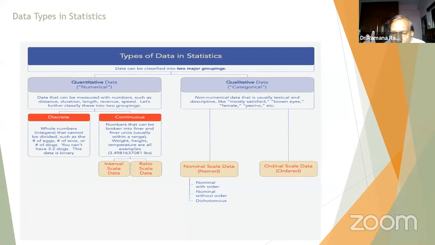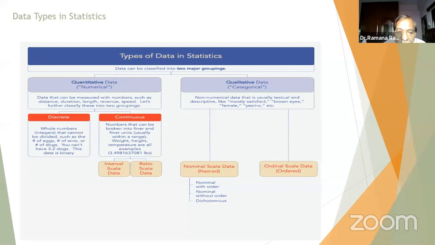So you need to be very clear what data you want to collect, what tests you need to perform for that data, and for the outcome of the test, how we convert our solution so that our research problem gets completed.